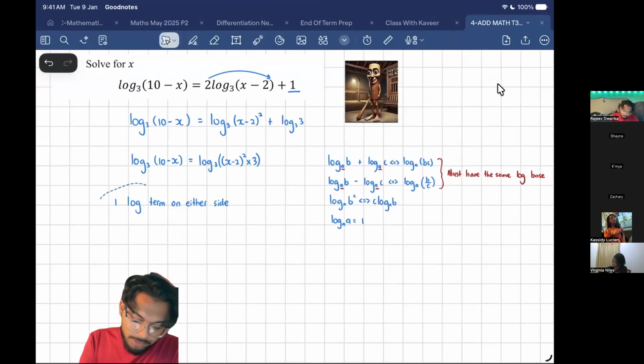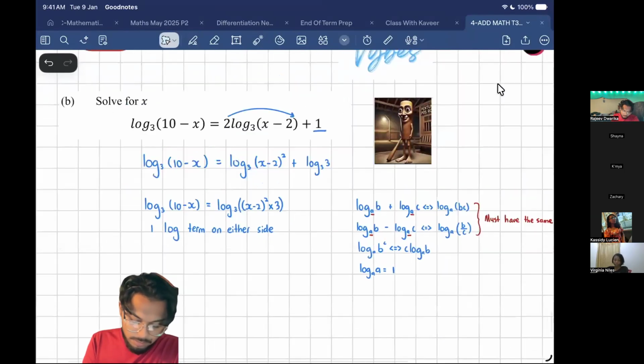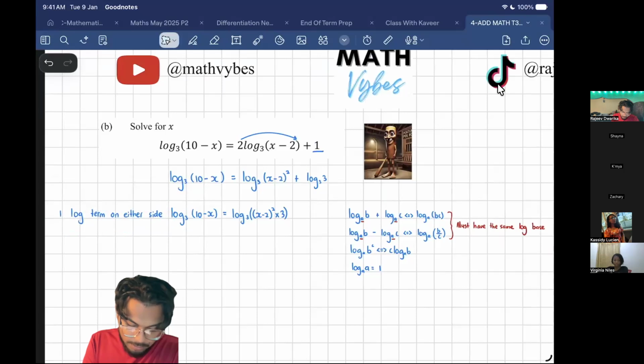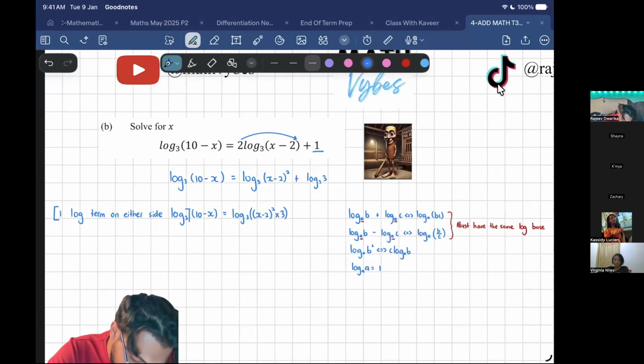What do you all think I could do now? Since I have one log term on either side, solve. Drop the logs.